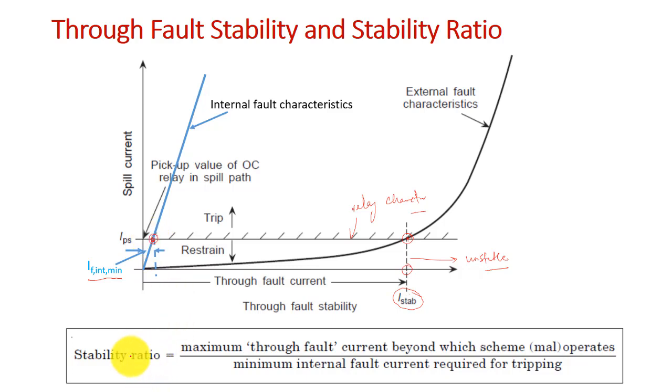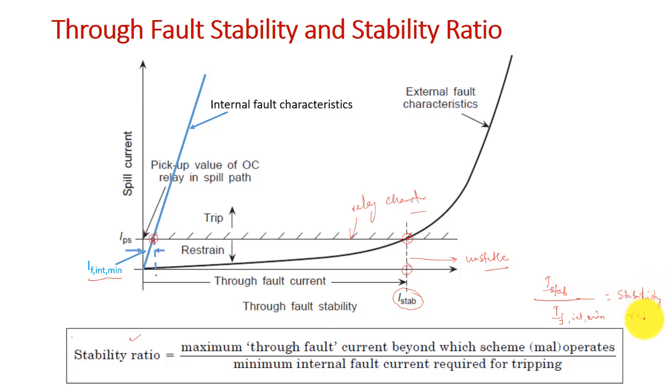So therefore, stability ratio is defined as the maximum through fault current beyond which the scheme maloperates divided by the minimum internal fault current required for tripping. That means it is your I stab divided by IF internal minimum. So this will give us the stability ratio.